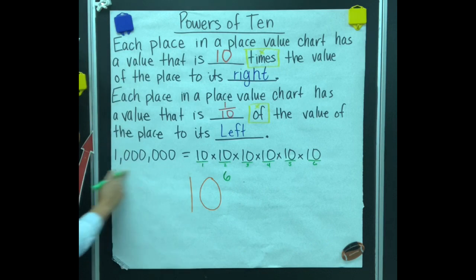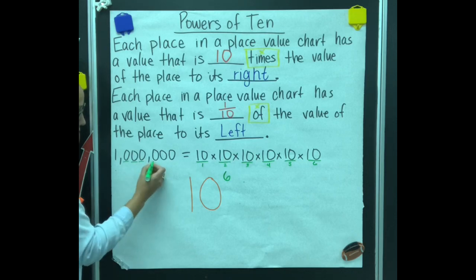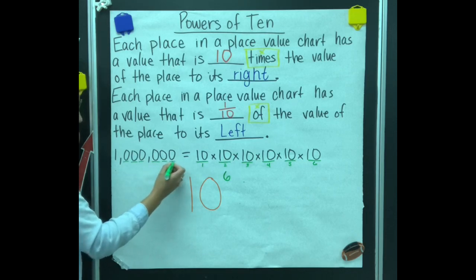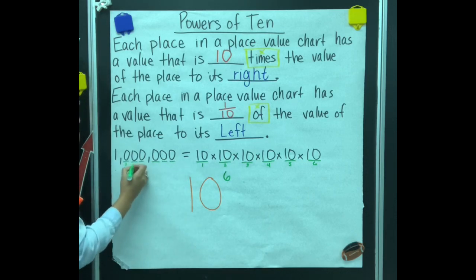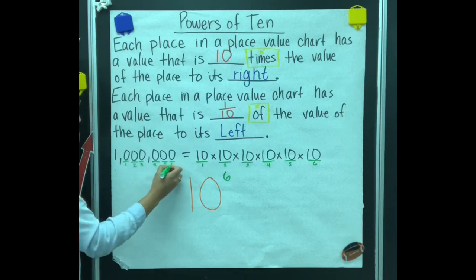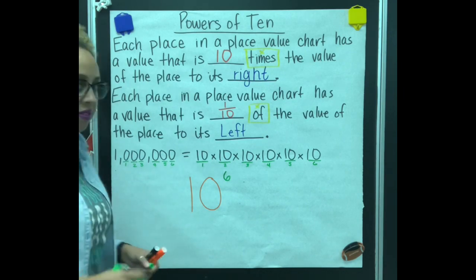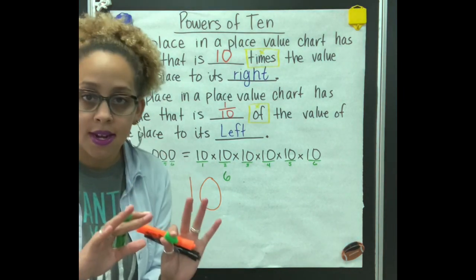Now I want us to look at a million. How many zeros do we have? Six. And this only works for 10.